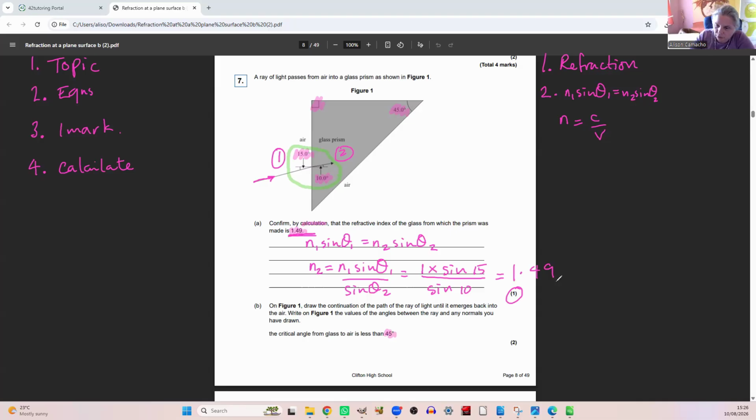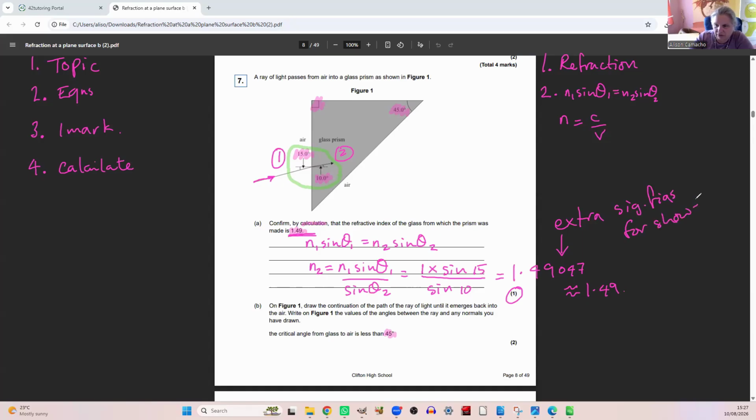So I'm going to put not just 1.49, but 1.49047, and then write it's approximately equal to 1.49. So now I have shown, or confirmed by calculation, the refractive index. Because it's a show that, and they've given you the answer, you need these extra significant figures.